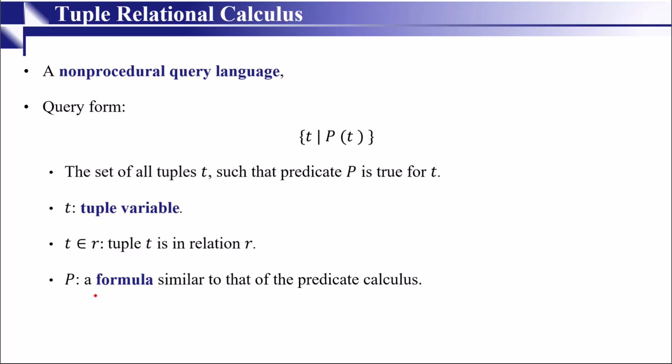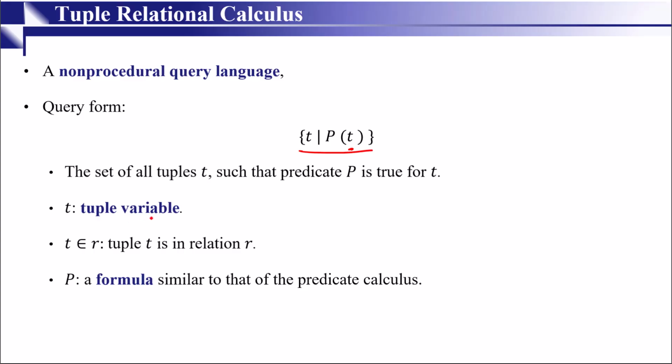Then the next one is Tuple Relational Calculus. Unlike relational algebra, Tuple Relational Calculus is non-procedural. It means queries specify what to retrieve, not how. Each query is in the form of the set of all tuples t such that predicate P is true for t.